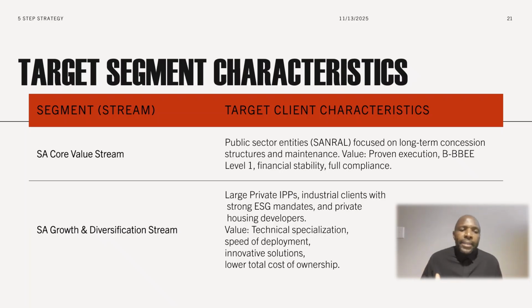And then the South African growth and diversification stream, it will be looking at large private IPPs, industrial clients with strong ESG value, technical specialization, and speed of deployment. So because we will be leveraging on Raubex's now differentiated resources and capabilities, they will be actually well placed to look at these target segments to grow the business.